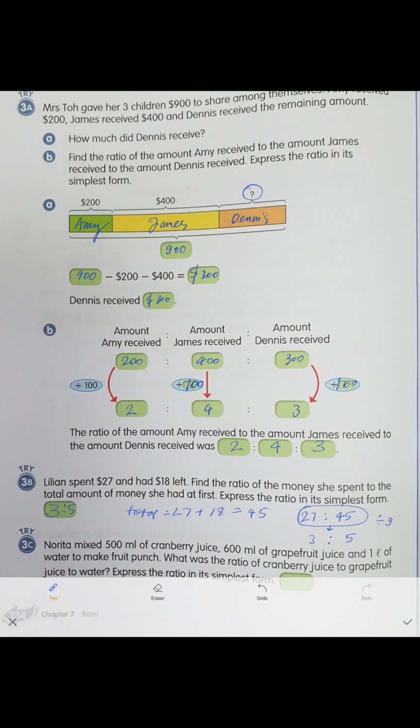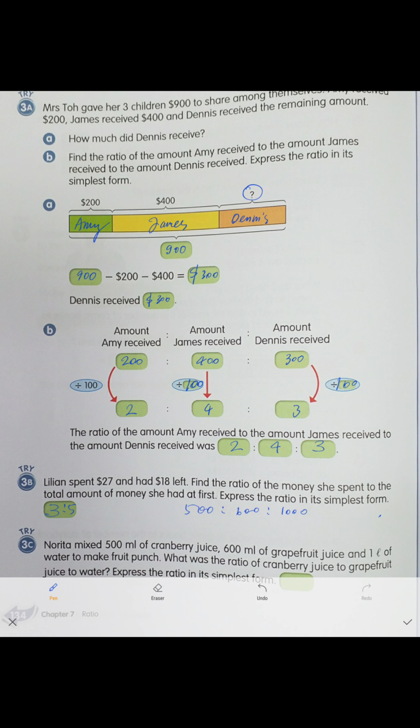Next problem, Narita mixed 500 milliliters of cranberry juice, 600 of grapefruit juice, 1 liter of water to make fruit punch. Right? What was the ratio of cranberry juice to grapefruit juice to water? Right? So 3 different components. Okay. Well, because I don't have place, I'm gonna erase this thing. Okay. So what is your ratio? 500 to 600 to 1000, right?